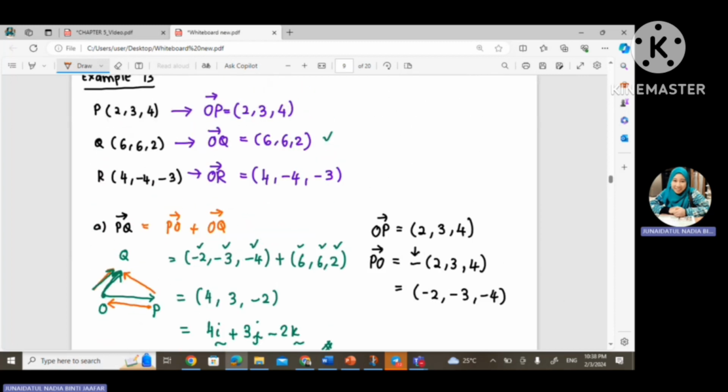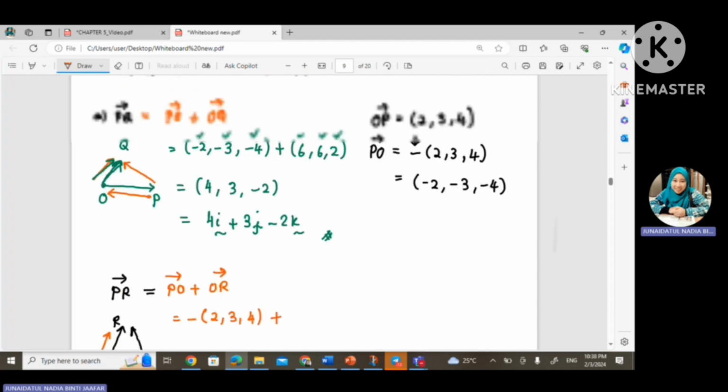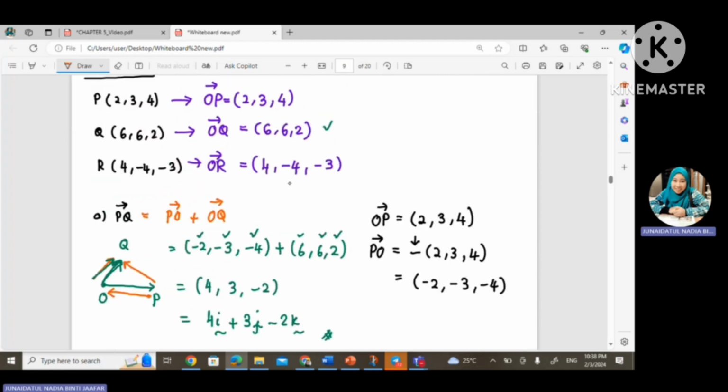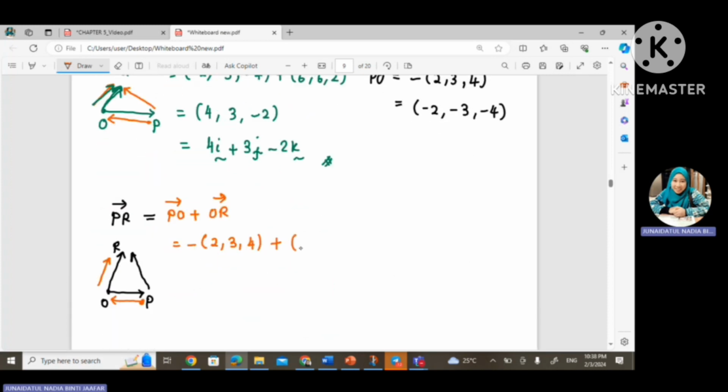Vector OP just now is 2, 3, 4. So we have -2, -3, -4 plus vector OR, which is 4, -4, -3.